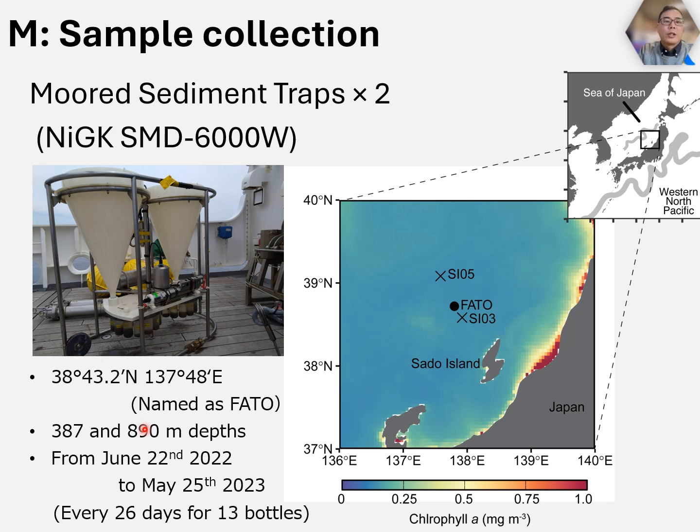Now I call the 387 meter depth 400 meters and the 990 meter depth 900 meters. The sampling bottles were changed every 26 days, so we collected the sediment into 13 bottles at each depth.